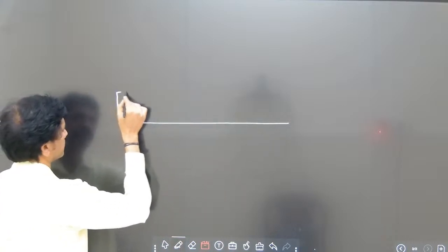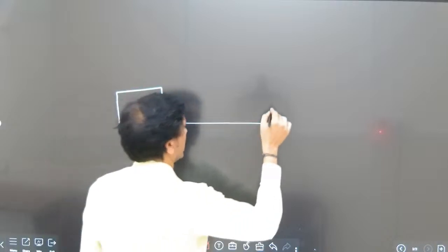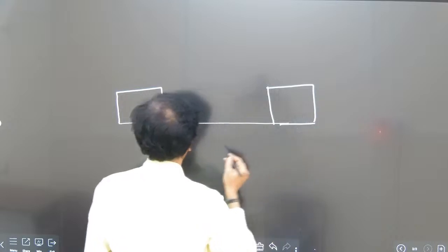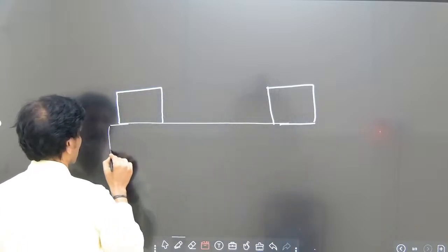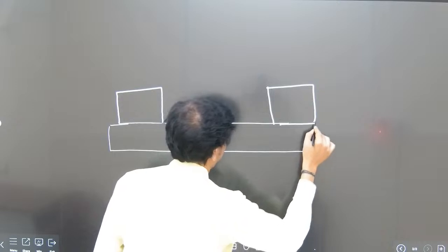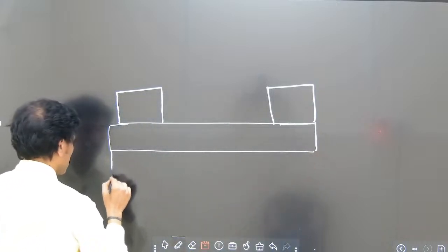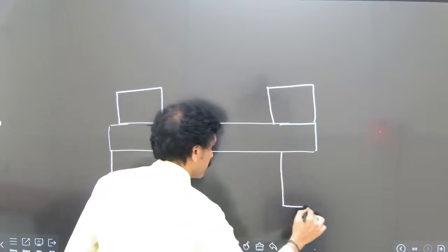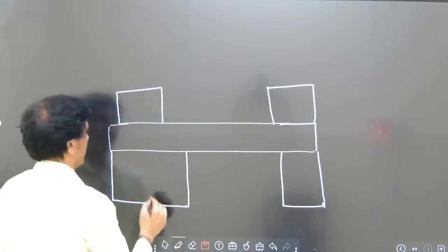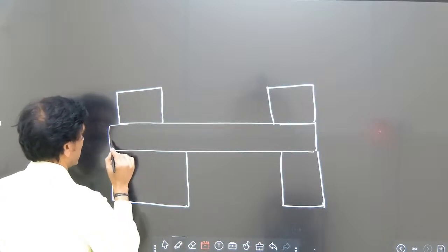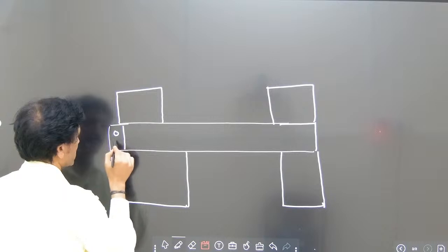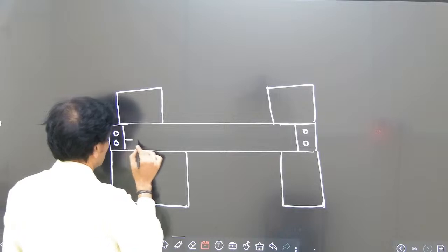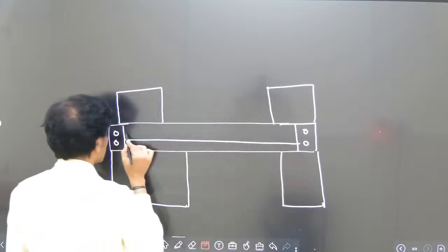Headstock, tailstock, bed, this is the base, and here the lead screw is observed. It is to be fixed here, the lead screw. The purpose I will tell you later. What is the purpose of the lead screw?